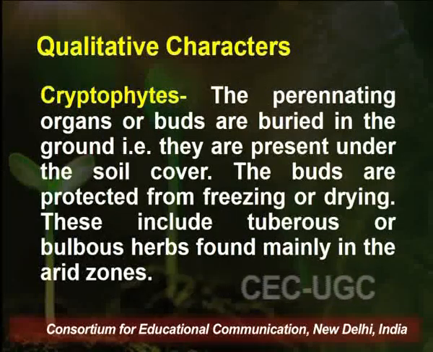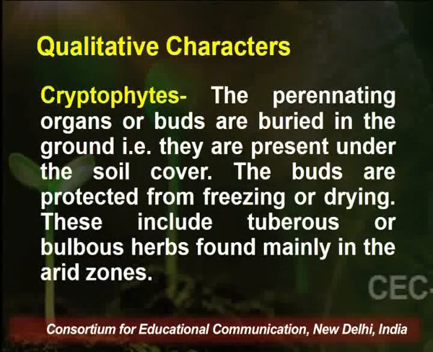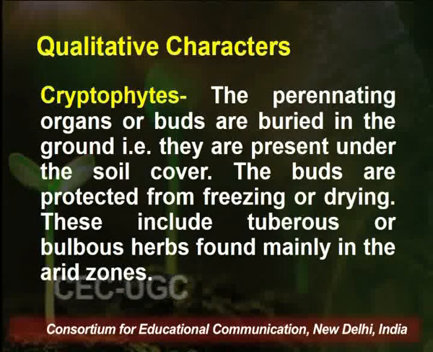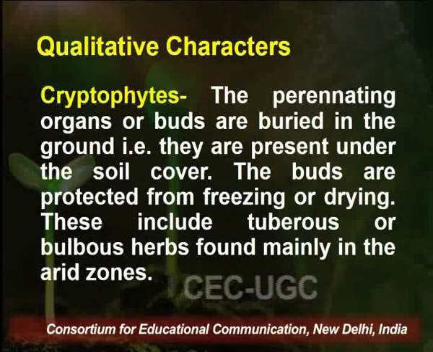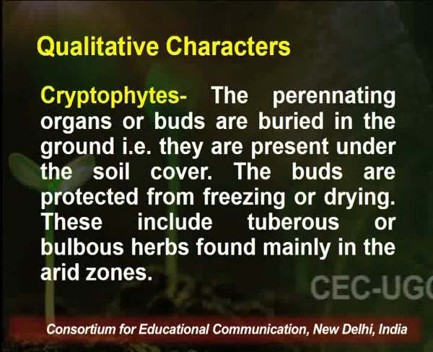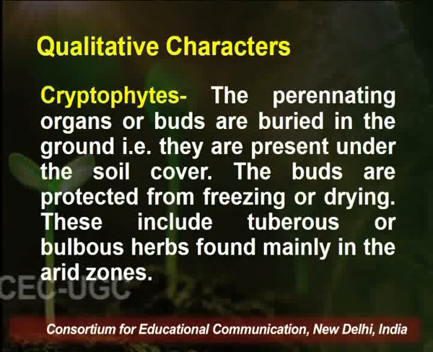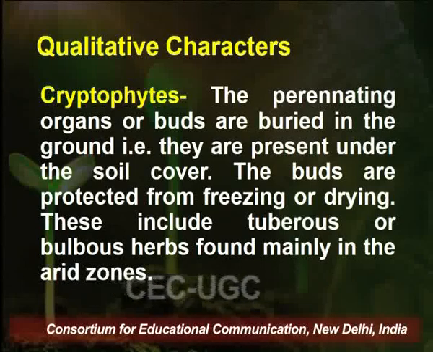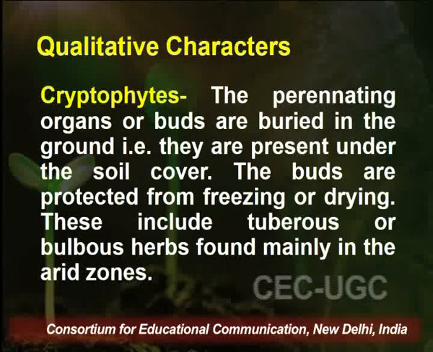Now moving on to cryptophytes. They are plants whose perennating organs or buds are buried in the ground, that is, they are present under the soil cover. These buds are protected from freezing or drying. So these include tubers or bulbs, herbs that are found mainly in the arid zones.